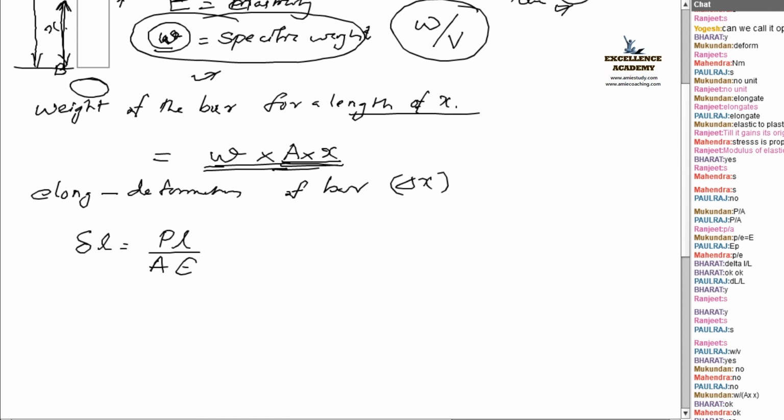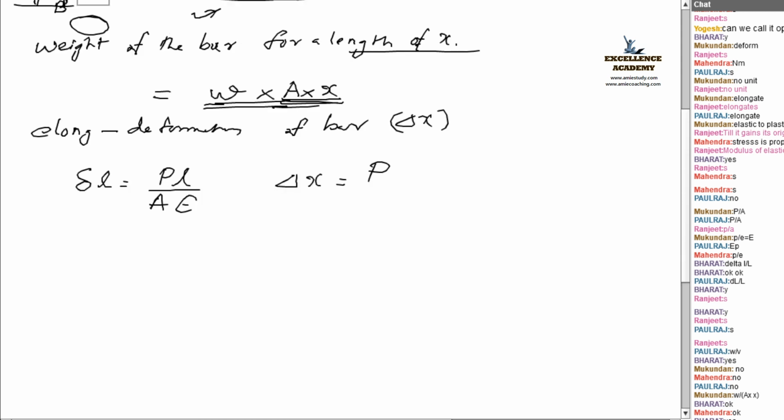Instead of writing delta L, we have to write delta x, isn't it? Delta x equals, what will be the weight acting there? Yes, you can write P itself. P is the load acting on the body.